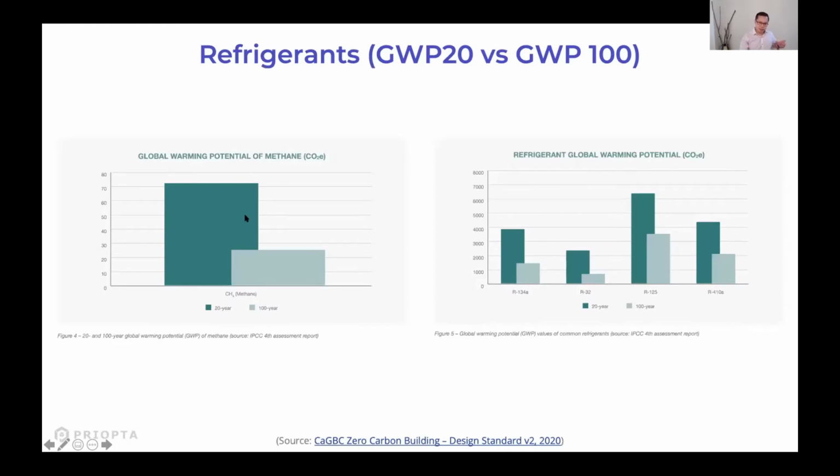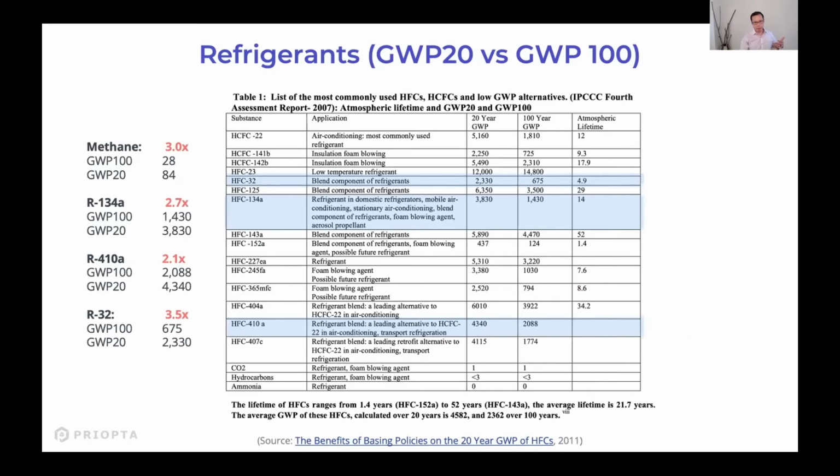And this dynamic doesn't play out just for methane. It also plays out for refrigerants as well. So R134A, R410A, these refrigerants that we use in our mechanical systems and also as our blowing agents, can have a big impact. For most of these HFCs, the atmospheric lifespan is usually less than 20 years.